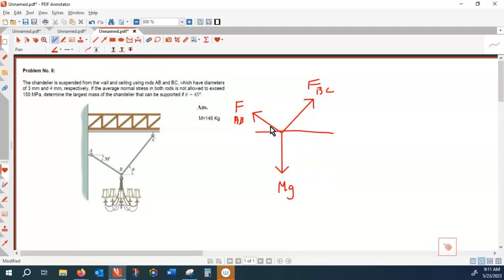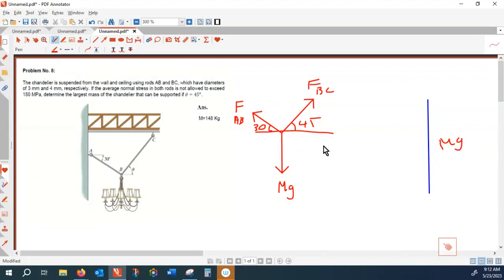take this seriously. So that angle is 30 degrees, and this angle is 45 degrees. So how can I solve this? Either by resolving the forces into X and Y Cartesian, or because there are only three forces, maybe the best option is the method of triangle. With the method of triangle, I start with the given force, which is mg, that is vertical.